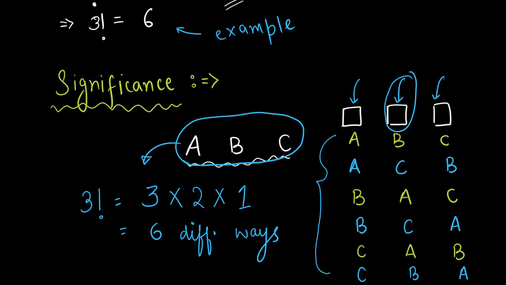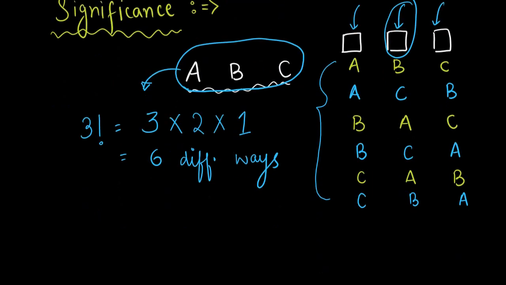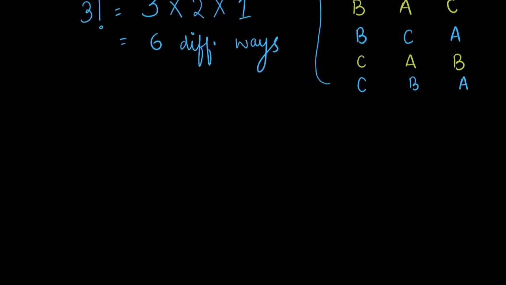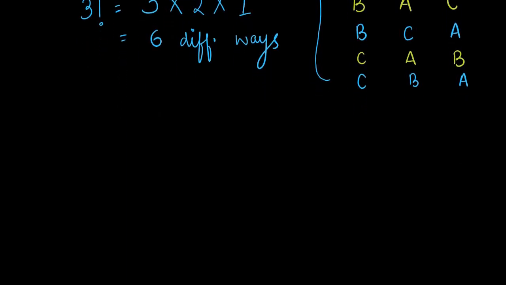Let's do another example. Let's say you need to find the different ways for 4 people now: A, B, C, D. I'm not free to find all of them, but let me just tell you what they can be.